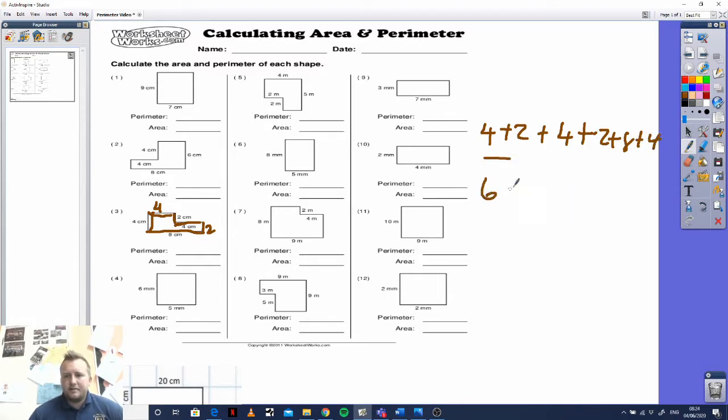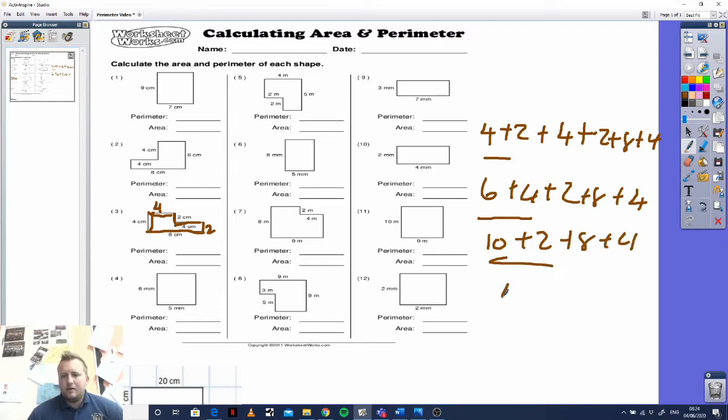And then you go one at a time. 6 plus 4 plus 2 plus 8 plus 4. 6 plus 4 is 10, plus 2, plus 8 plus 4, 12 plus 8 plus 4, 20 plus 4, 24 centimeters.